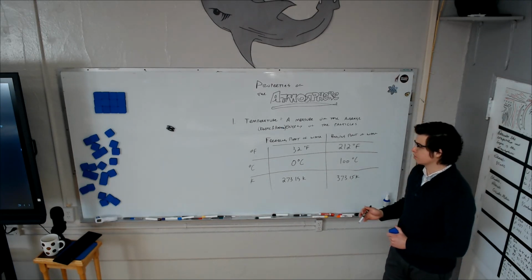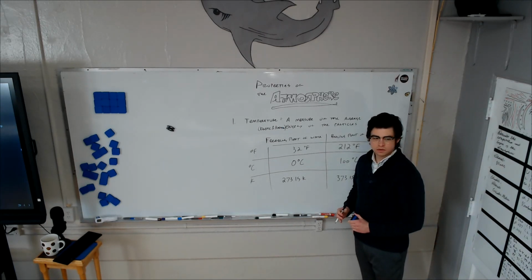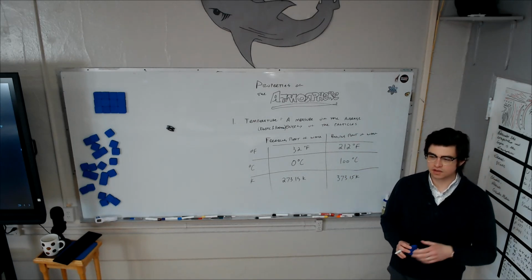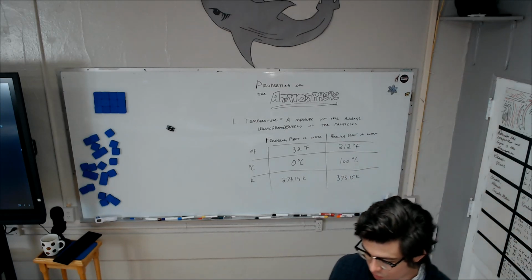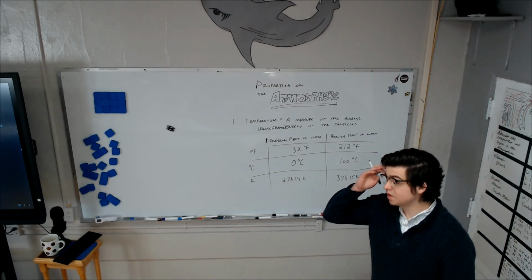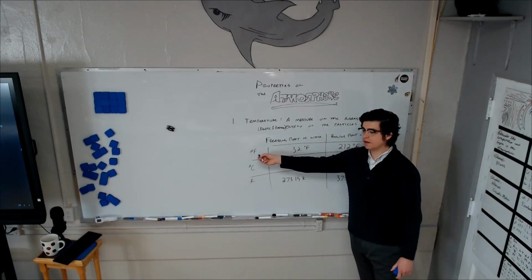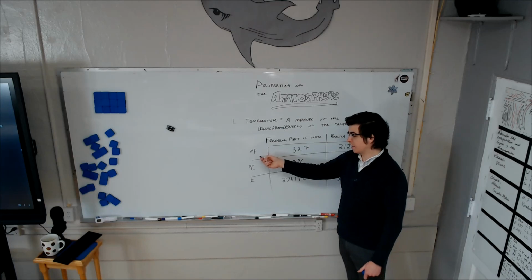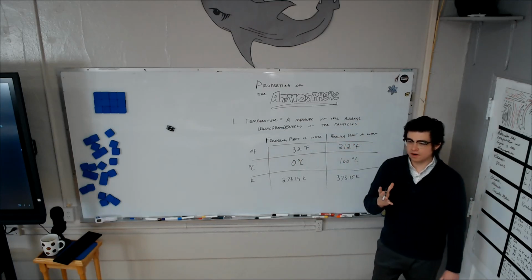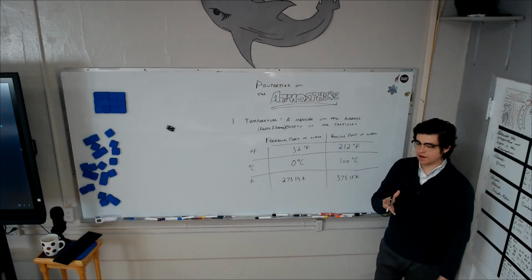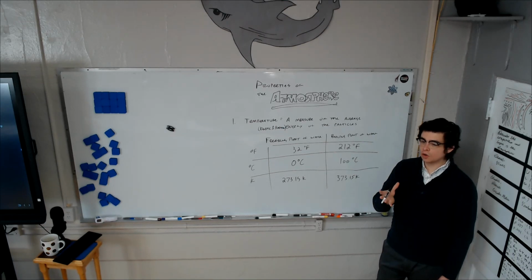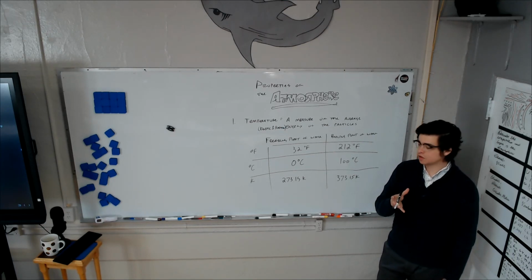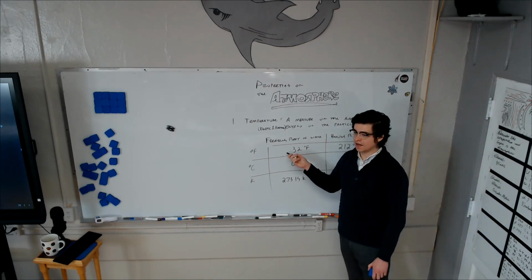What's human body temperature? 98.6 degrees Fahrenheit. When this scale was invented, the man who invented the Fahrenheit scale defined 0 degrees Fahrenheit as the coldest temperature he could get in his laboratory, which was with a mixture of salt and ice and water.